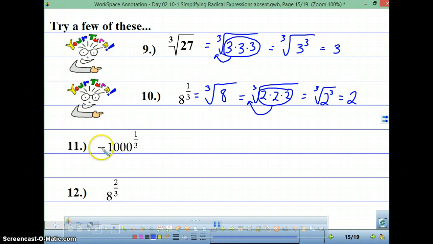Let's say we have a negative number. You should think of this as the opposite of. So this is the opposite of 1,000 to the 1/3 power, which is the opposite of the cube root of 1,000, okay, which is the opposite of, now I could go all the way to primes, but I see a number that's a composite number.